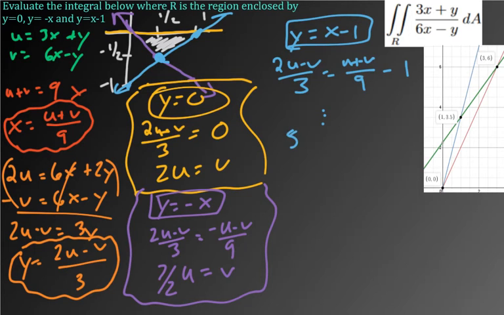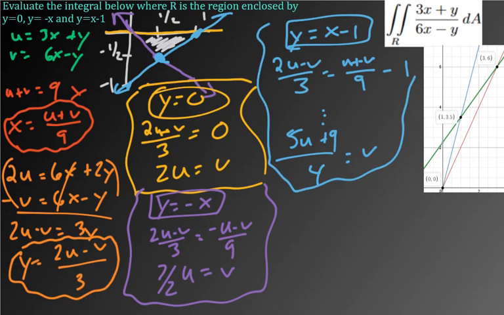There's a bunch of algebra. You get 5u plus 9/4 equals v. So this is telling me basically what lines I get from these 3 lines after the transformation to UV space.